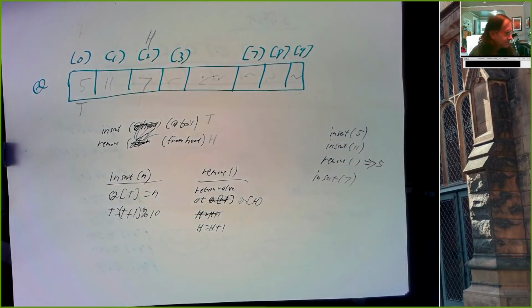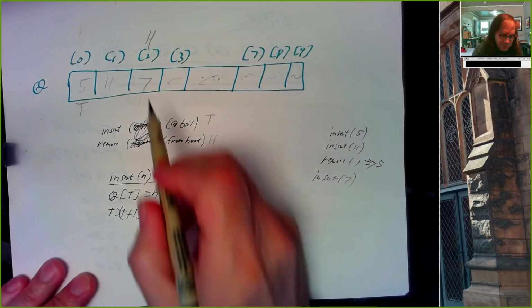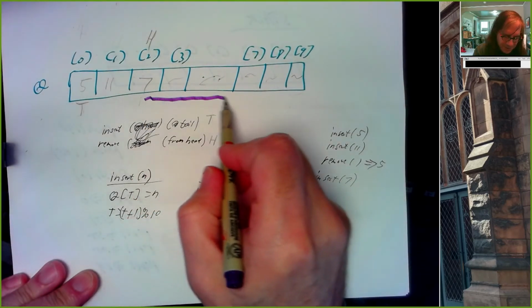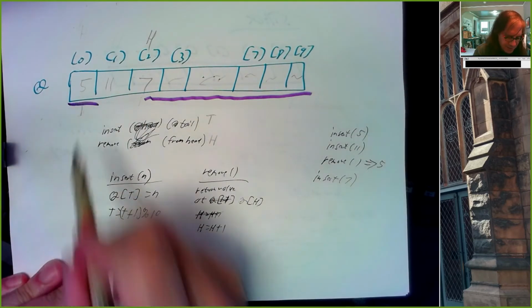And now, where is my Q in memory? My Q actually occupies all of this space and this space.